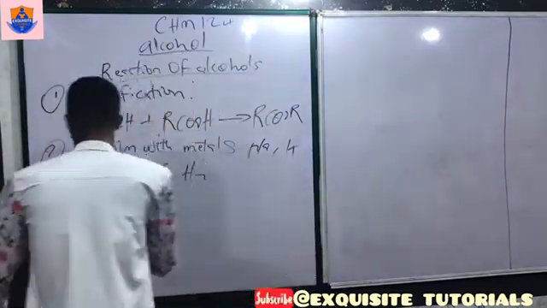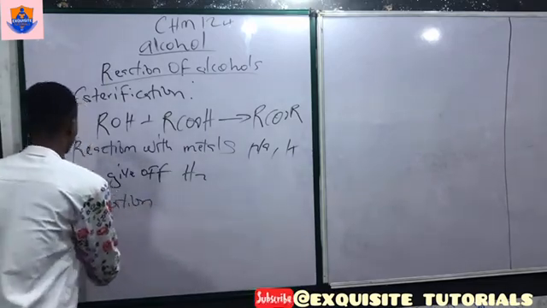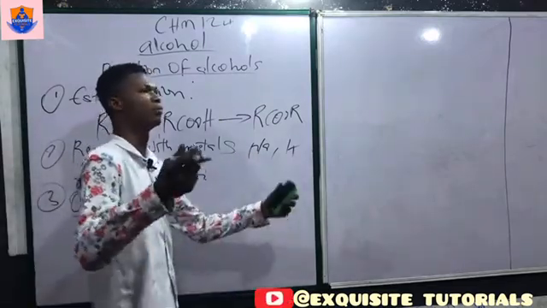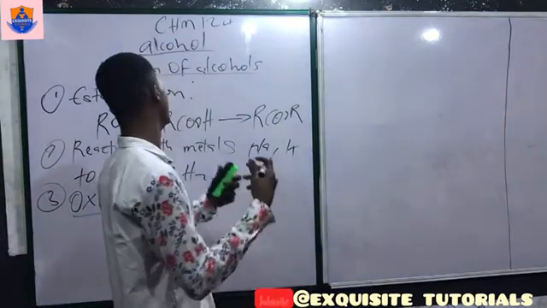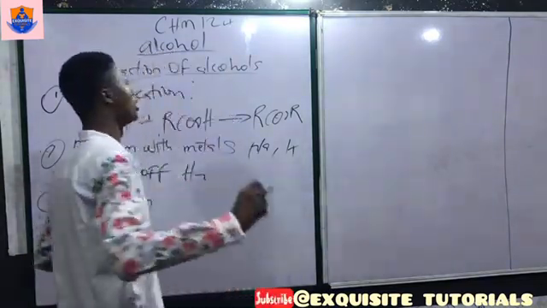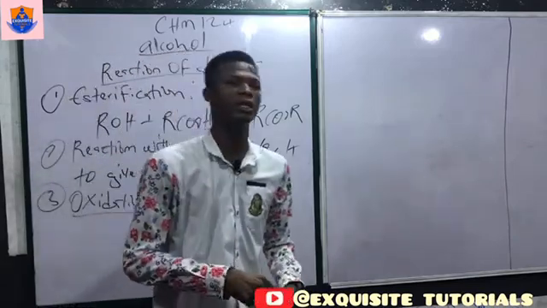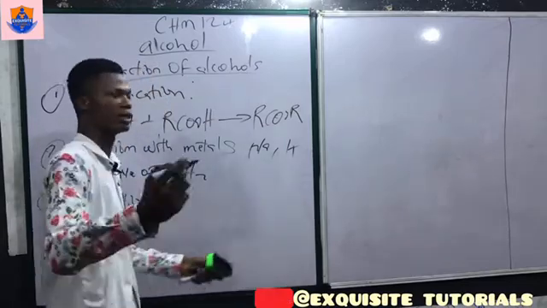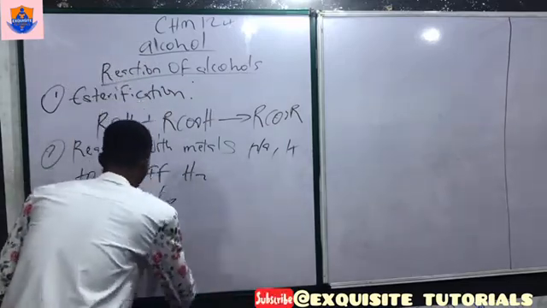Number 3, let's talk about the oxidation reaction. Alcohols are oxidized to give carbonyl compounds. We are talking about the aldehydes, the ketones, and the esters. Now, the oxidation reaction of alcohols is dependent on the type of alcohol: the primary, the secondary, and the tertiary.